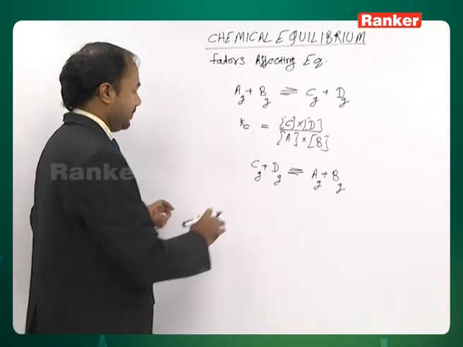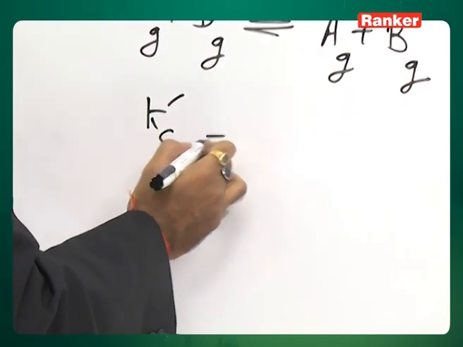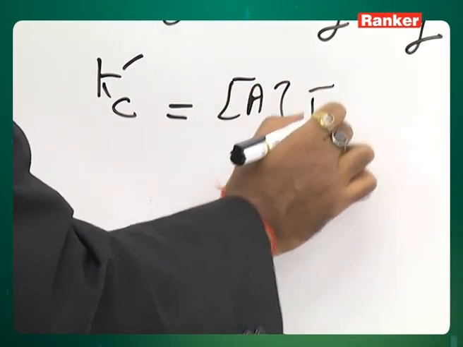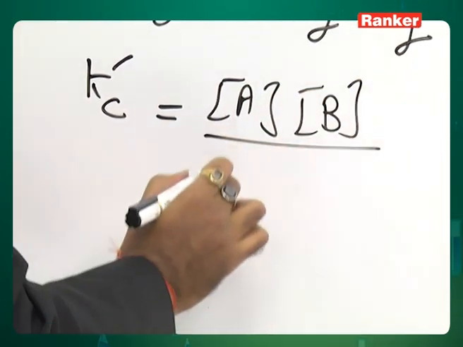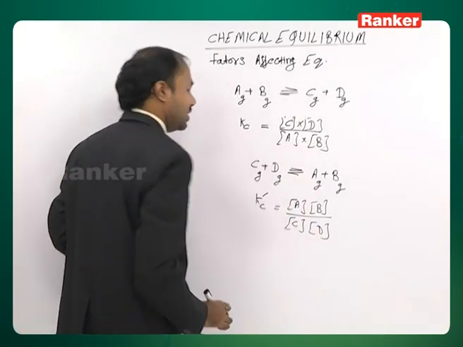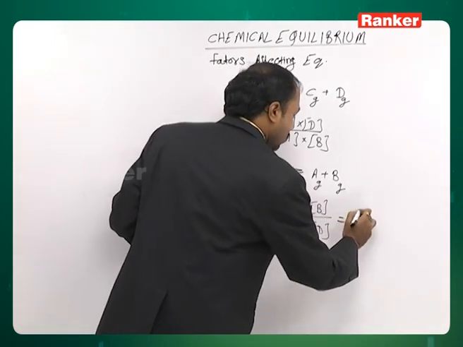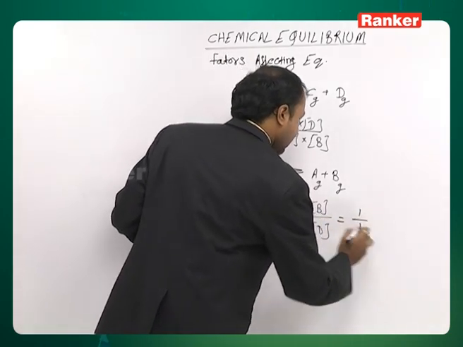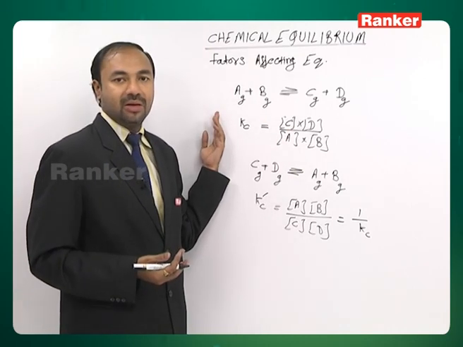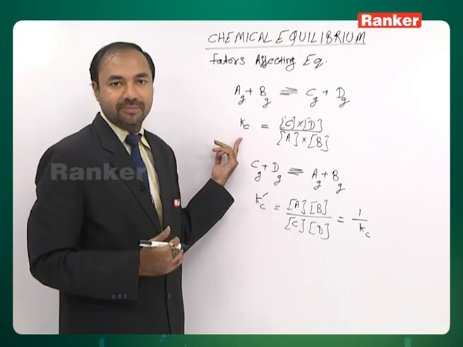We will show you. Kc dash for this equilibrium will be equal to concentration of A into concentration of B upon concentration of C into concentration of D. As you can notice, this is nothing but 1 by Kc. So, if an equilibrium is reversed, its equilibrium constant becomes 1 by Kc.